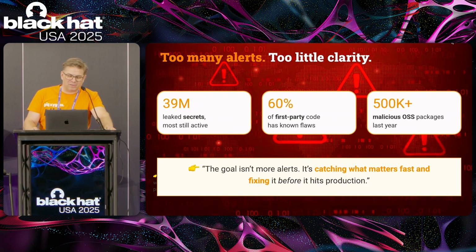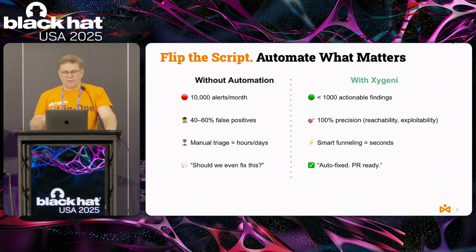The important thing is to find what is important for the security of our application, what is actually impacting our security posture, and what we have to do to improve it with the minimum effort. If we apply automation with solutions like Ageni, we are going to reduce the number of alerts we have to manage from thousands or tens of thousands to just a few hundreds.